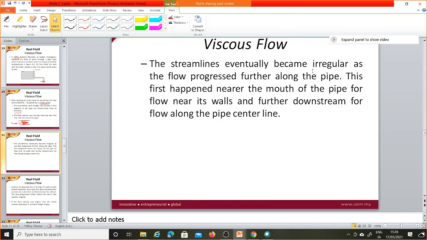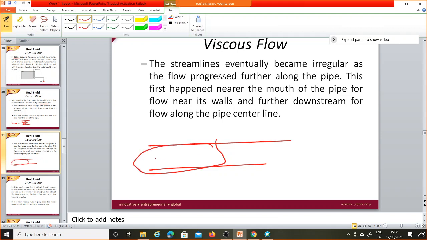A streamline eventually becomes irregular as the flow progresses further along the pipe. This first happens near the wall, and further downstream along the pipe. If you have the pipe, initially in the first portion the flow is laminar, so you can actually distinguish the flow.